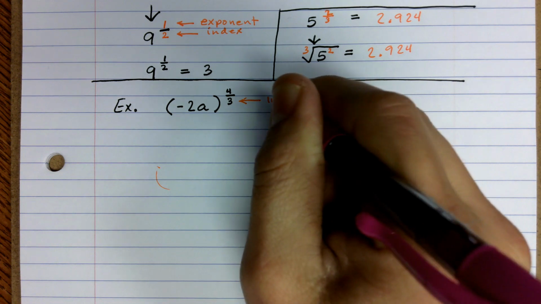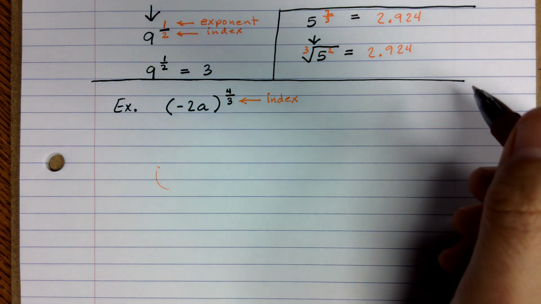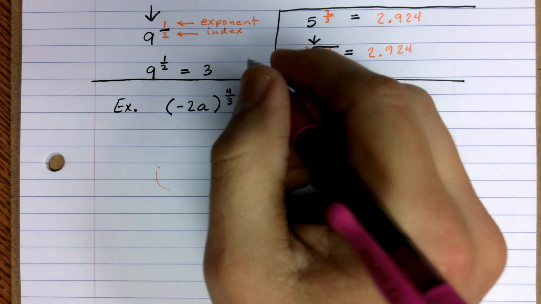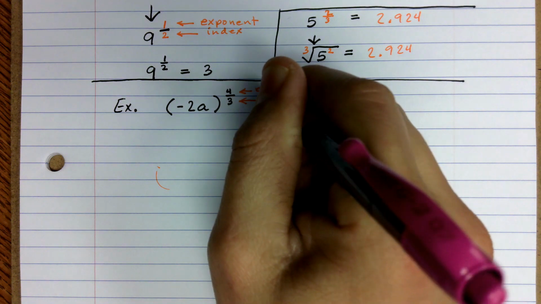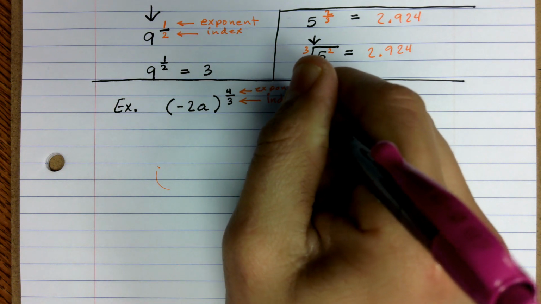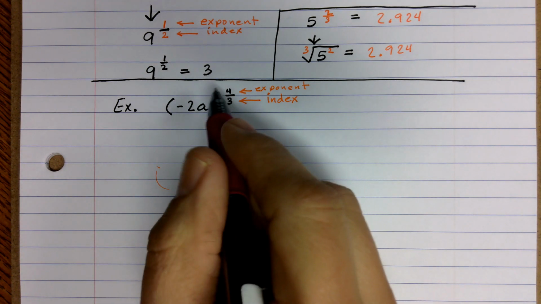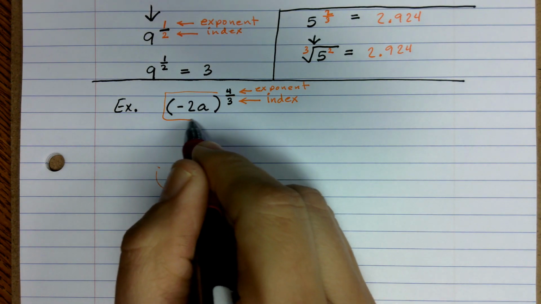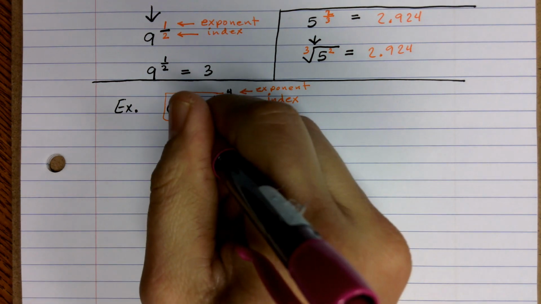We call it a cube root because it means it's going to be a number that's multiplying to itself 3 times to give you a specific value. Keep in mind that this value at the top is our exponent to the radicand. And the radicand will include this entire portion right here, the parentheses and the negative 2a. So that's going to be our radicand.